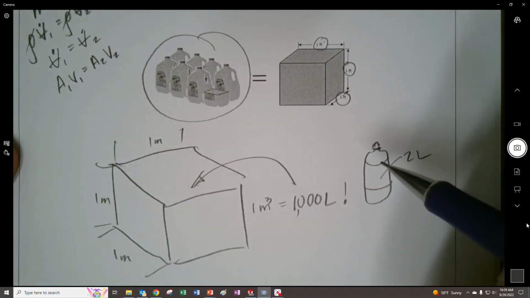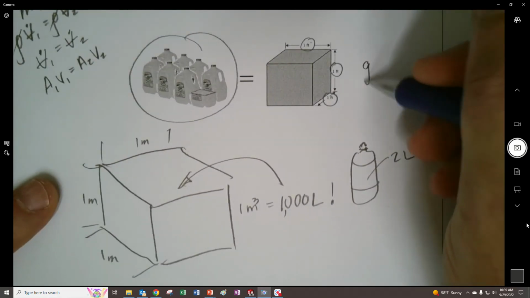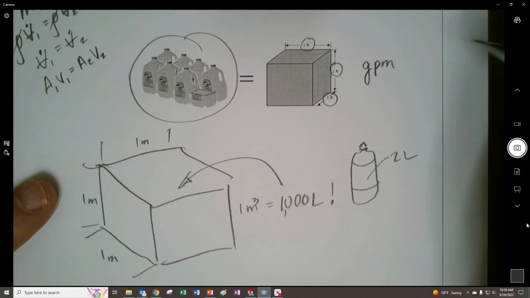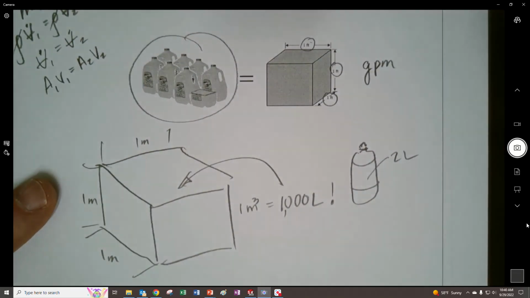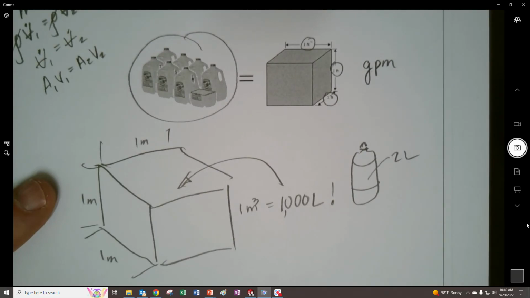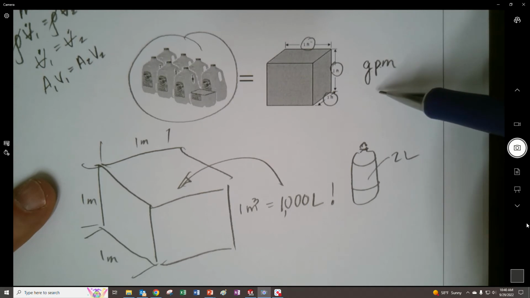I think what these are useful for is that when you go to flow rates, one that's very common is a gallon per minute, right? So you could picture how many gallons are operating in a minute of time. It's harder to picture what a cubic foot per second is, but you could picture how many gallons per minute are coming out of something.